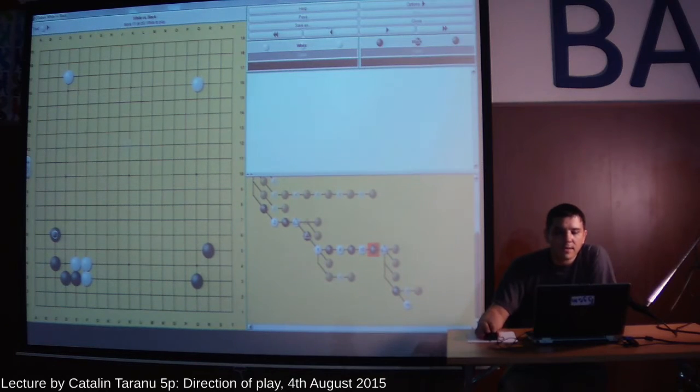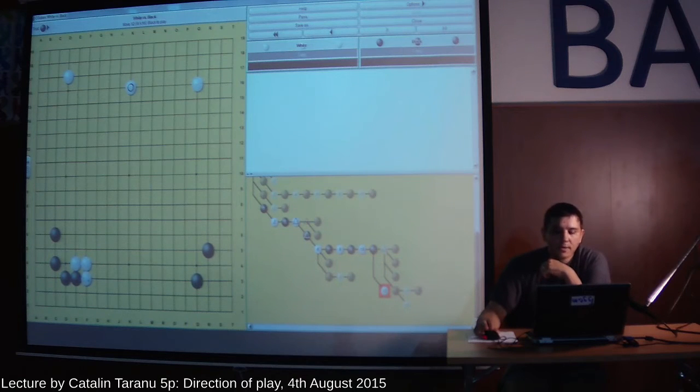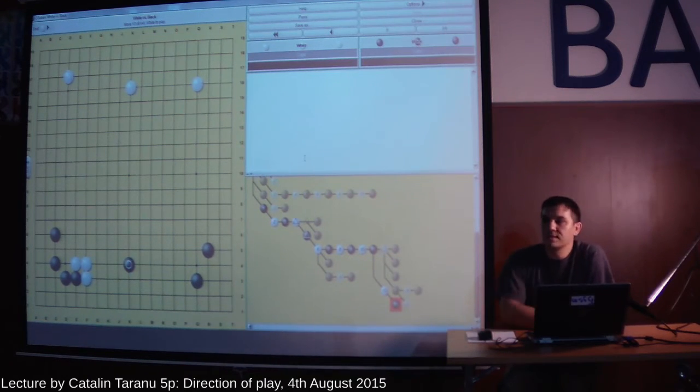if white decides to play directly somewhere on the upper side, then we have a big question about the strength of stones. The three white stones on the lower side are not strong enough, and an approach for black is something like a disaster for white, because white is losing all the potential territory in the area.